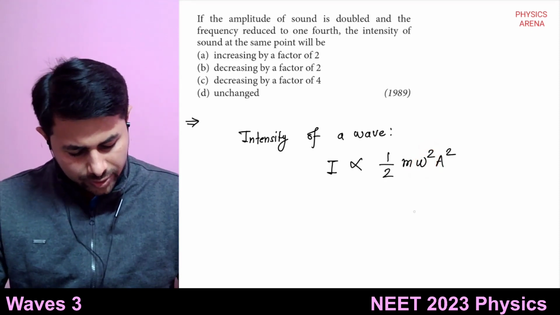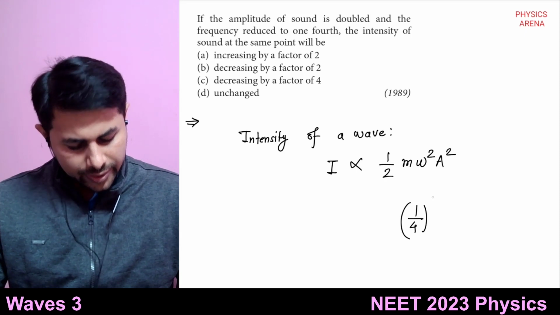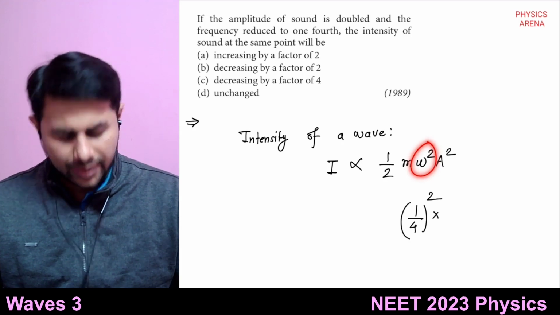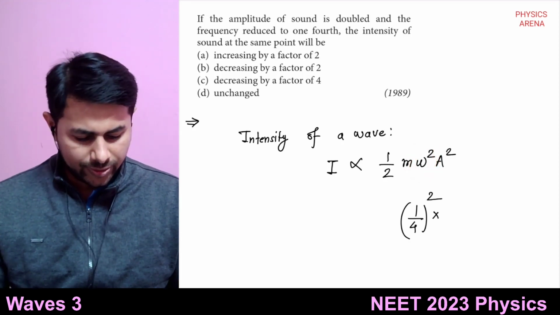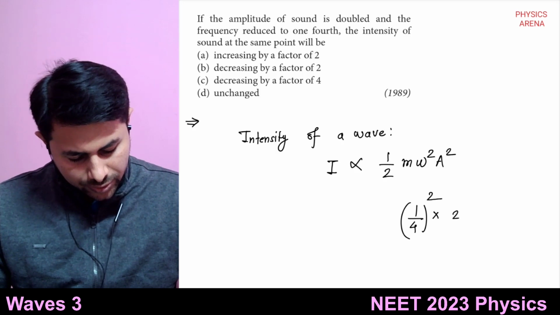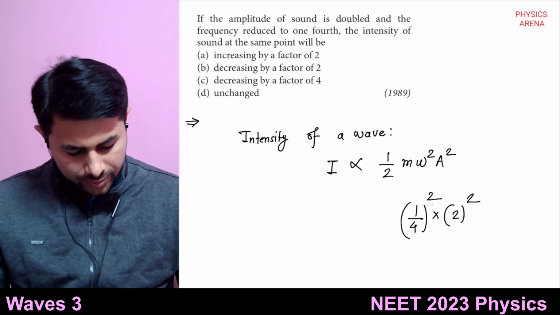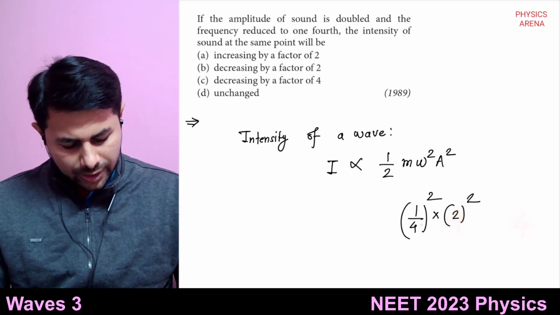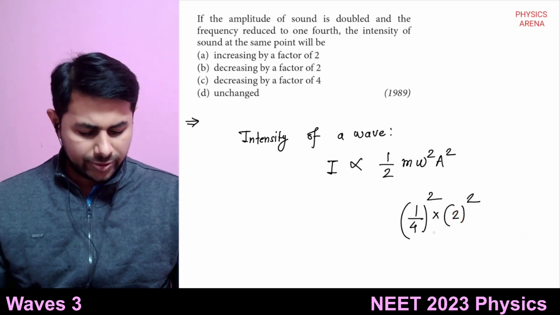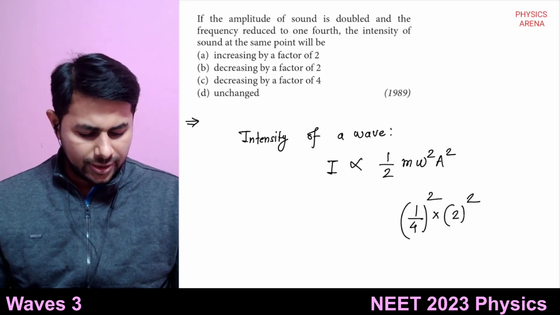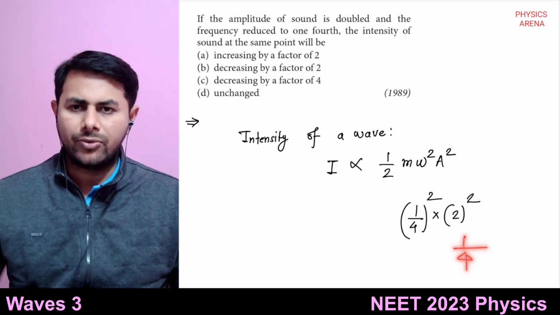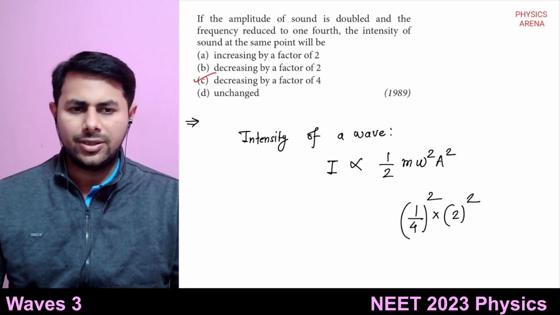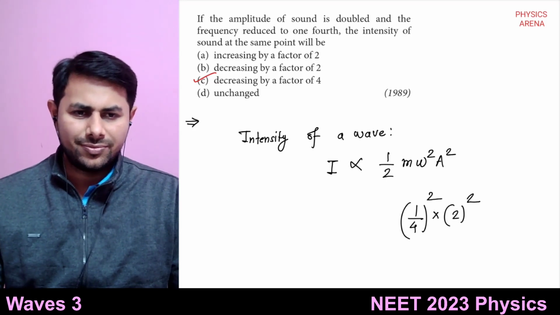So this is one fourth to the power 2, and amplitude is doubled, so 2 to the power 2, which is 4. Divided by 4 square, the 4 will get cancelled, so 1 by 4 will remain. So it decreases by the factor of 4. Option C is the answer. Okay, very good, Sanjay.